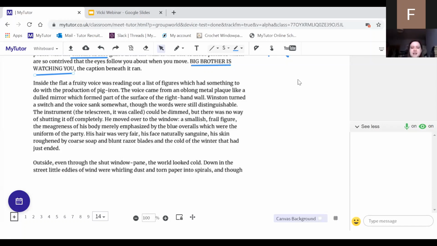The instrument, the telescreen it was called, could be dimmed, but there was no way of shutting it off completely. He moved over to the window, a smallish, frail figure, the meagreness of his body merely emphasised by the blue overalls which were the uniform of the party. His hair was very fair, his face naturally sanguine, his skin roughened by coarse soap and blunt razor blades, and the cold of the winter had just ended.